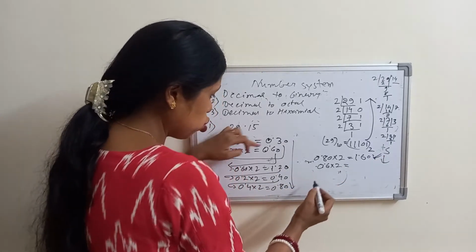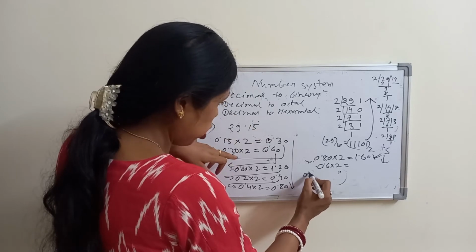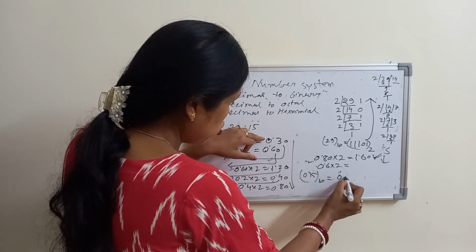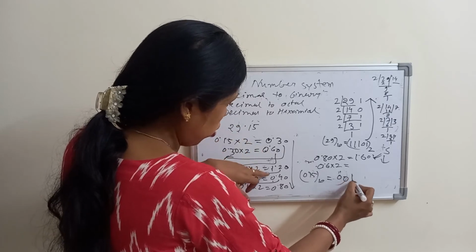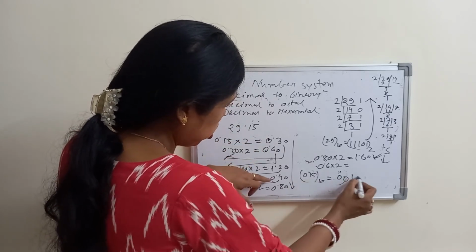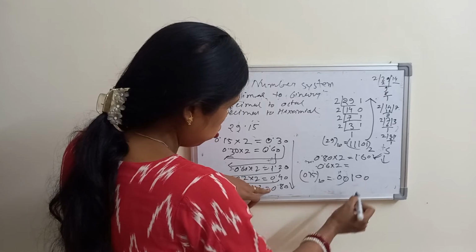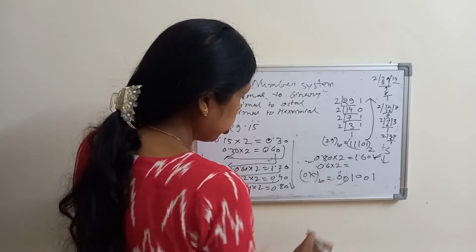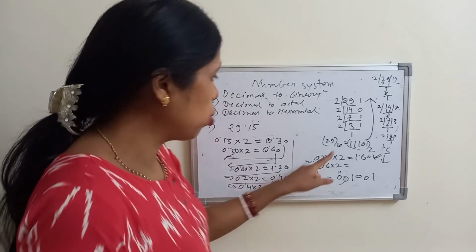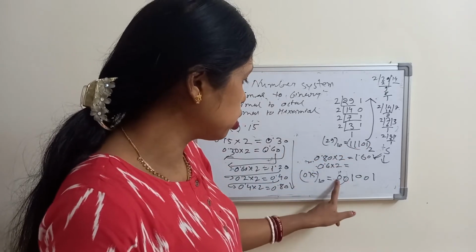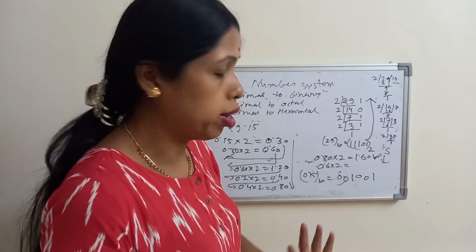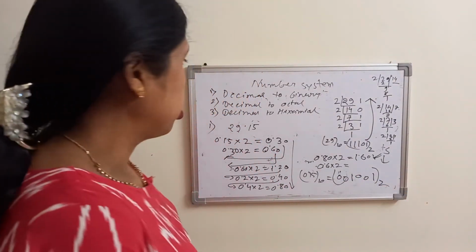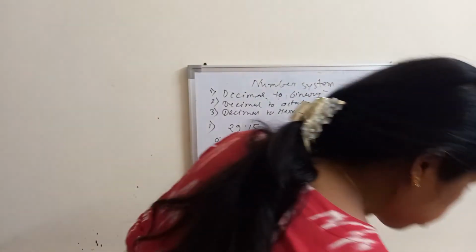So 0.15 in decimal is equivalent to 0.001001. So for the number 29.15, the binary is 11101.001001. This is the decimal to binary conversion.